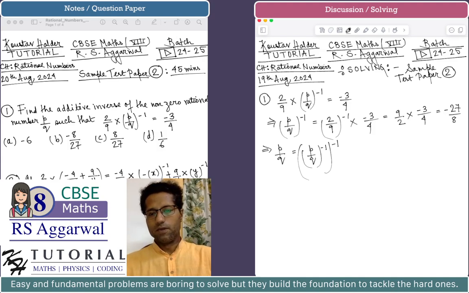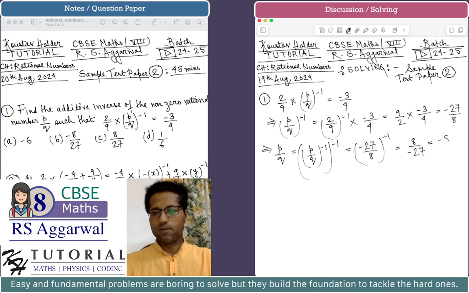So p by q will be equal to, since we know that the multiplicative inverse of p by q is minus 27 by 8, its multiplicative inverse or reciprocal. Now this we know is 8 by minus 27, and the denominator is negative, so we have to make the denominator positive, so it becomes minus 8 by 27. So the answer is choice B.